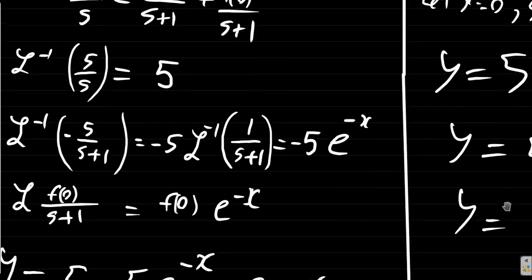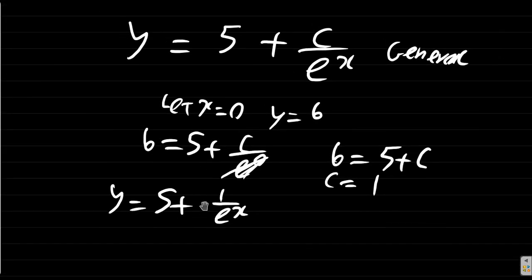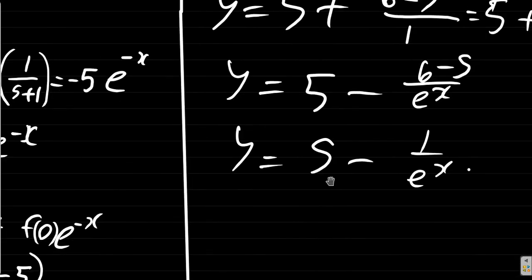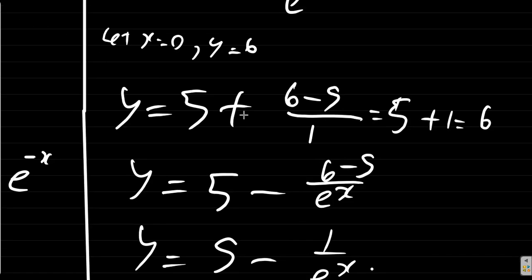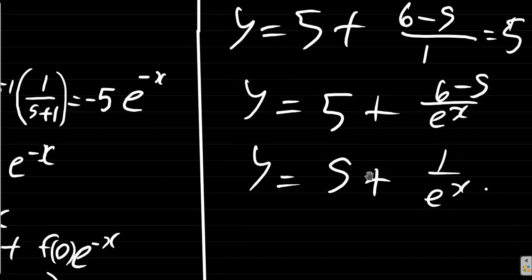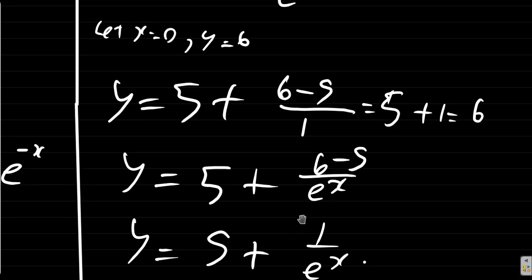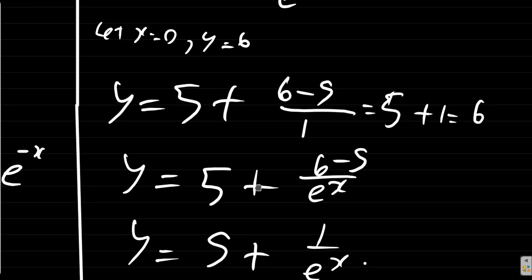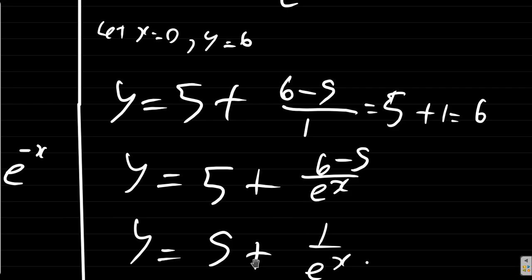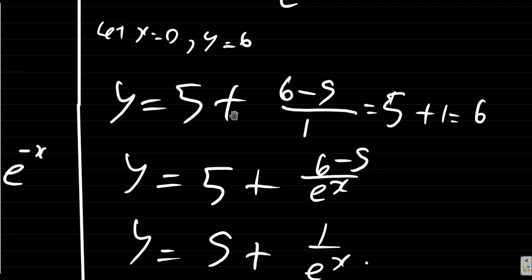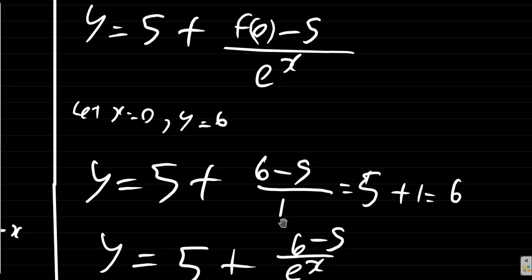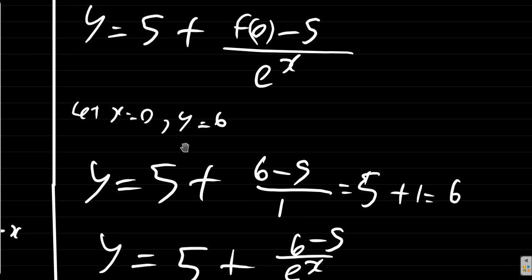So 5 minus 1 over e to the x, we have 5 is minus, I say, is plus. Alright, 5 plus 1 over e to the x. If I was marking you and I see you had minus and plus, I would realize this was just an honest mistake, so I wouldn't take off any mark from it. Now, here, f of 0 is the same as y of 0, is 6, so 6 minus 5.